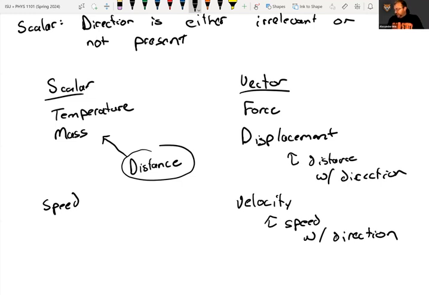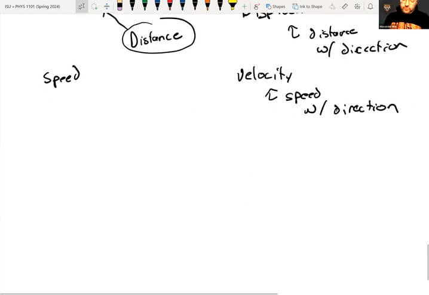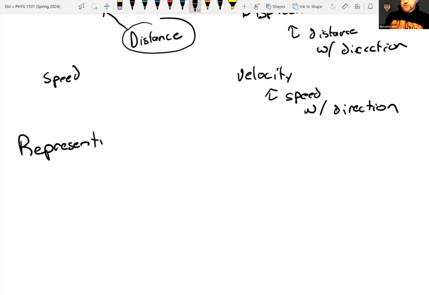Okay, so the idea behind vectors is that they need to be represented in a certain way. There are many different ways you can represent direction and quantity. Well, really just two that I'm going to talk about.